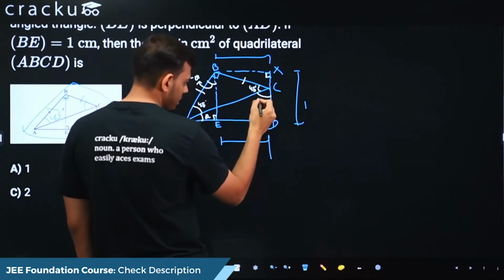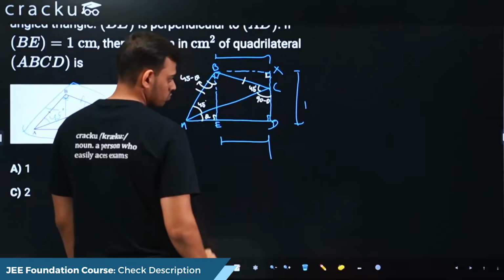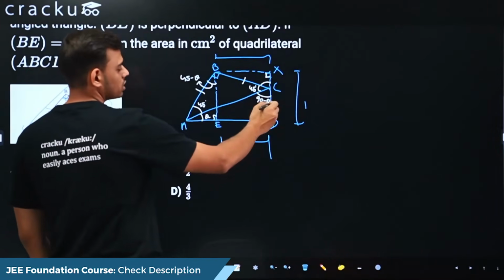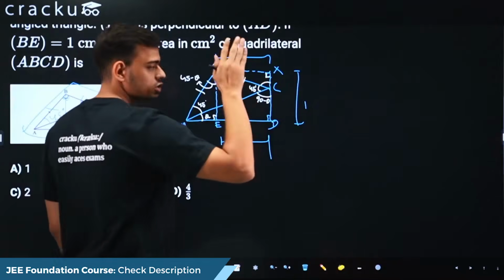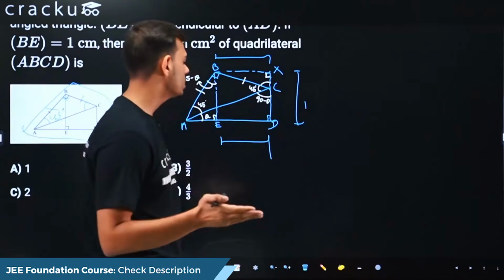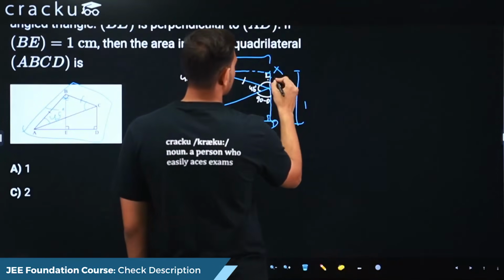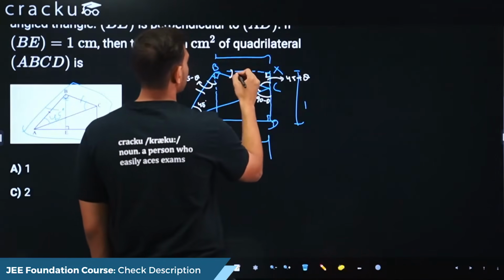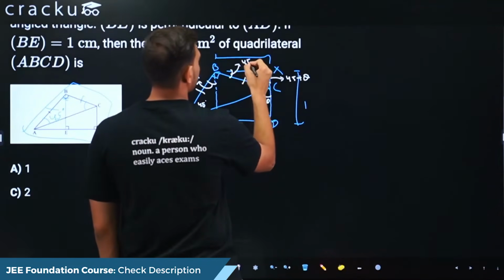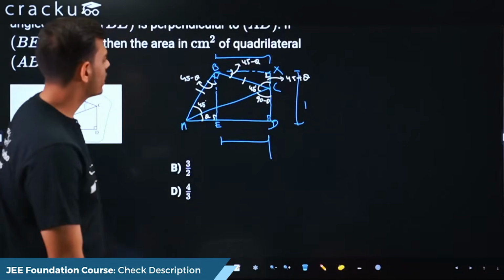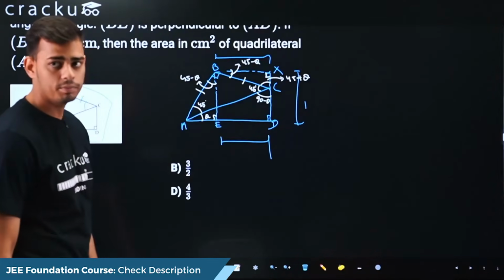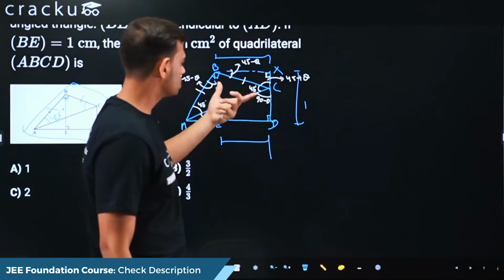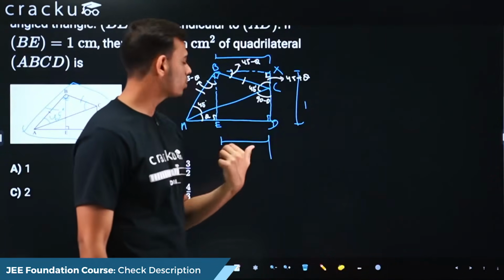This comes out to be 90 minus theta. Okay. Then, using the property that the sum of angles on a straight line is 180 degree, this comes out to be 45 plus theta, and this will come out to be 45 minus theta. So all the three angles of these two triangles are the same, and AB is equal to BC, that is the hypotenuses are equal for both of the triangles.